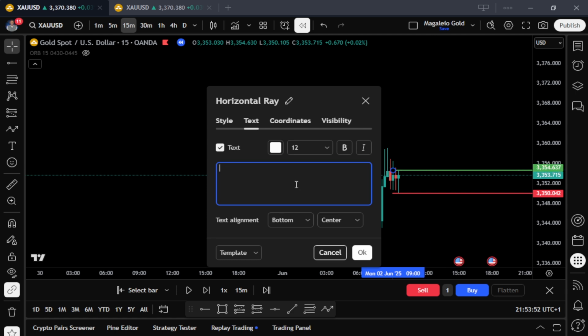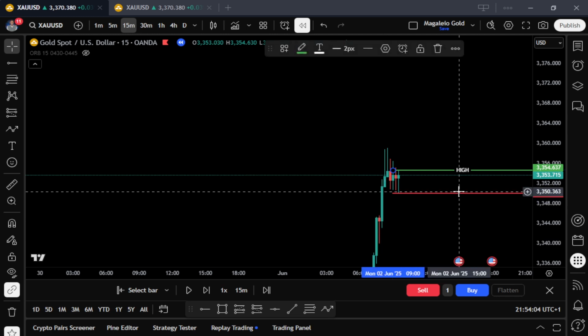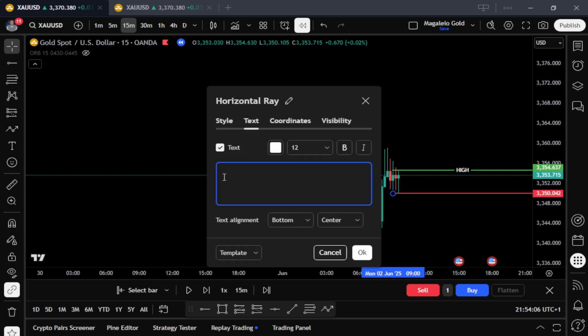Let me call this high. That's the high of the candle. And this is the low of the candle, guys.